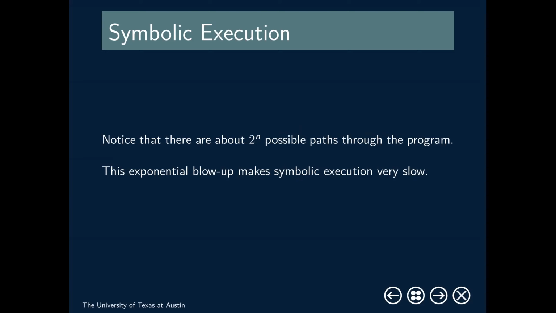And this exponential blow up makes symbolic execution very slow, and it's one of the main downsides of symbolic execution. We'll keep this in mind going forward, and I'll talk about it a bit at the end of the talk. But for now, it's not super important.